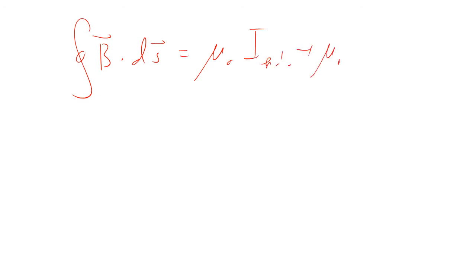So what he does is he rewrites this integral B dot ds to be mu naught I enclosed plus mu naught I displacement current. Okay. Well, what is this displacement current? And he starts thinking about it and says, well, what is really changing inside of the capacitor?